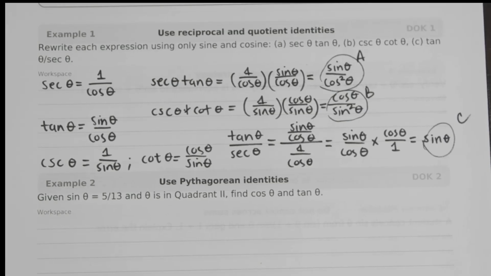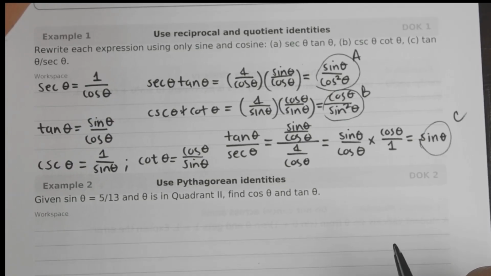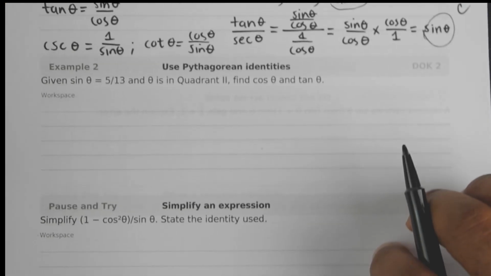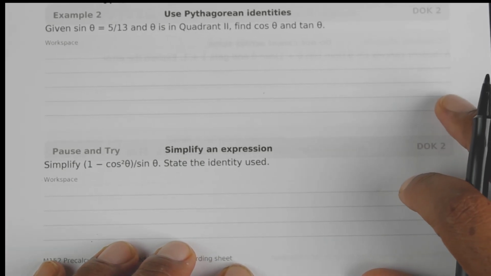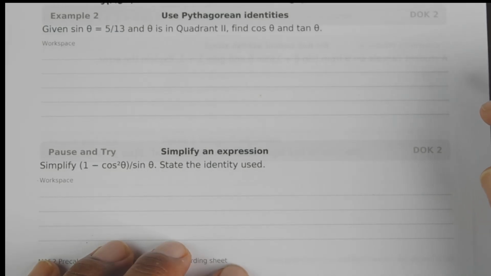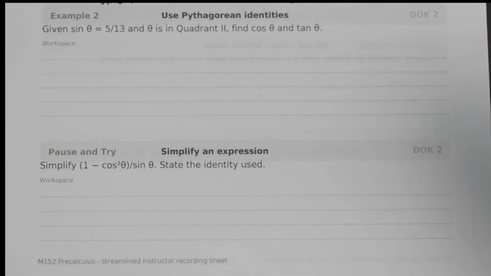When everything is rewritten in sine and cosine, the simplification becomes much, much easier. All right, let's continue. Now, when we use Pythagorean identities, it says given sine theta equals 5 over 13, and theta is in quadrant 2, find cosine theta and tangent theta. We're given sine. Sine is y over r, or opposite over hypotenuse.